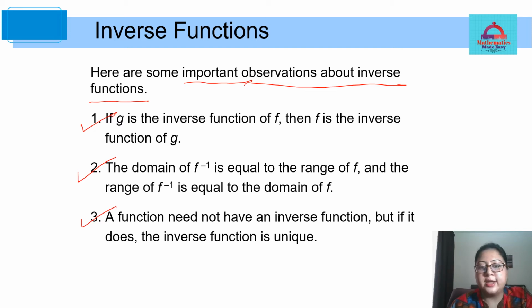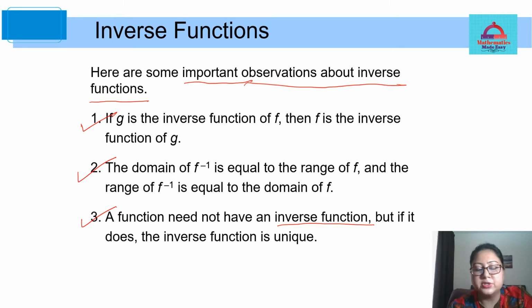In order to check whether a function is going to have an inverse or not, in the slides to come you will see a few examples of those kinds of questions, and you will see that we check whether the given function is one-to-one or not.